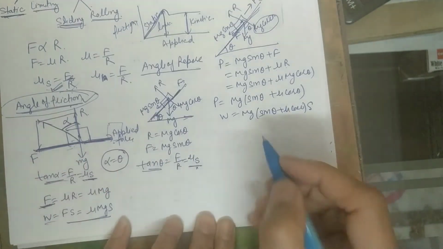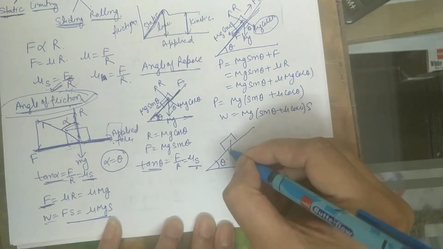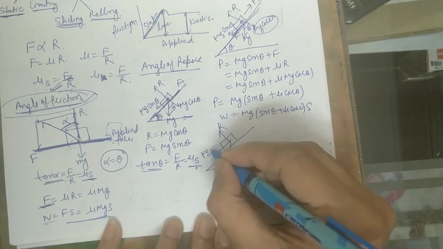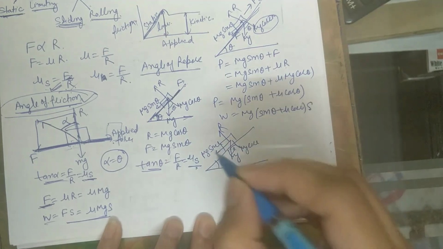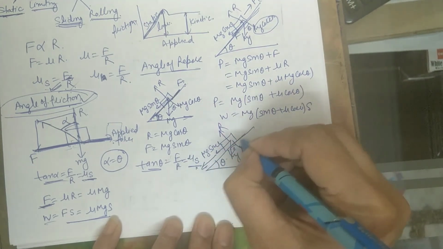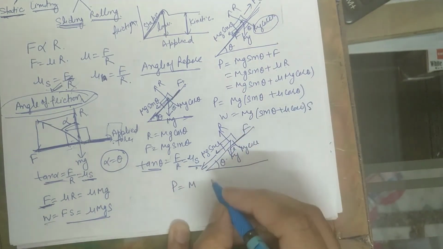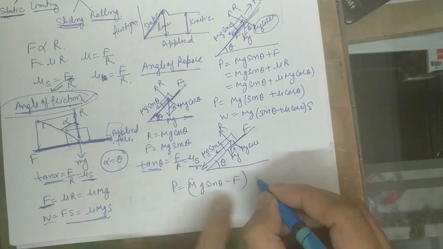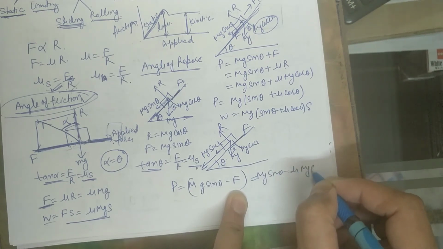But if the body is moving downward on the inclined plane, then mg has components mg sin theta and mg cos theta, and now the body is moving downward, so the friction is upward. Then the applied force is at least equal to mg sin theta minus f, or mg sin theta minus mu mg cos theta.